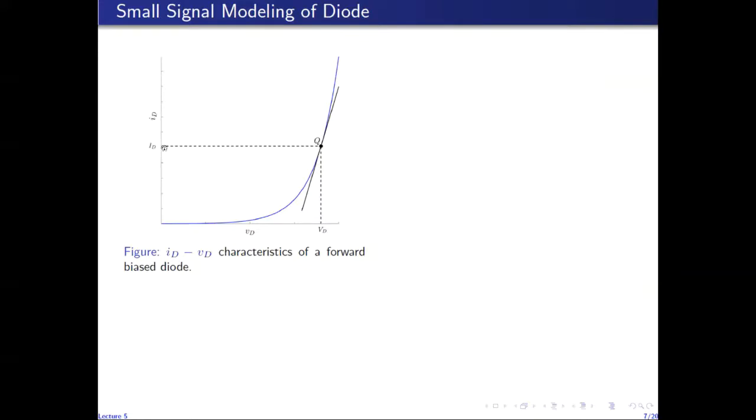So the output DC offset of the total current will be ID, and we'll have a corresponding sine wave riding over ID.